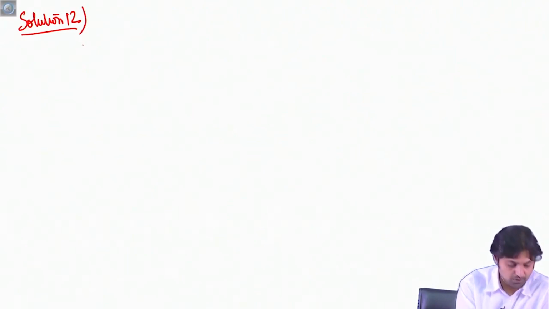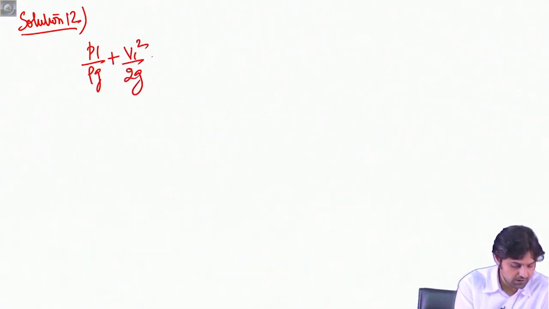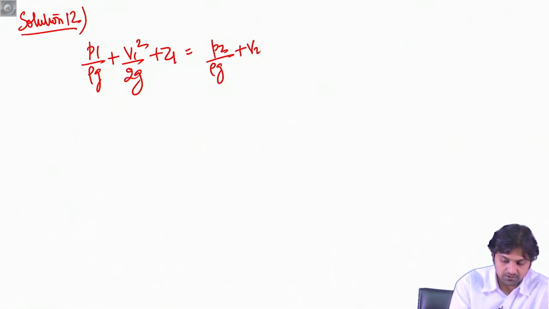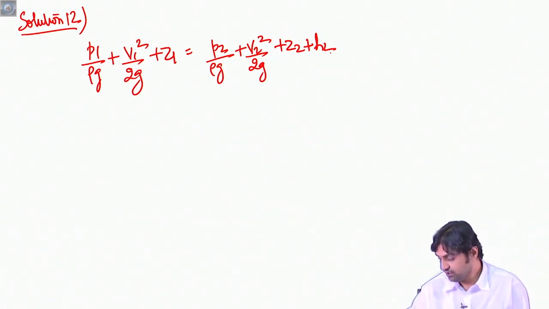So we can write Bernoulli's equation: P1 by rho g plus V1 square by 2g plus Z1 will be equal to P2 by rho g plus V2 square by 2g plus Z2 plus whatever the head loss is.